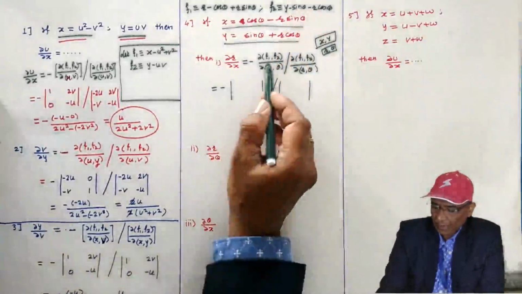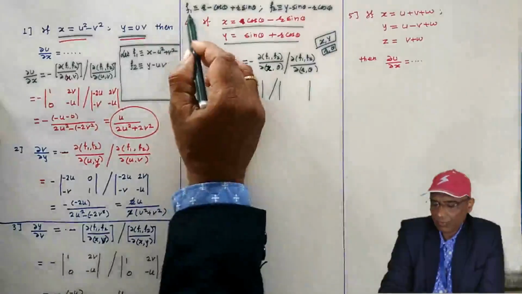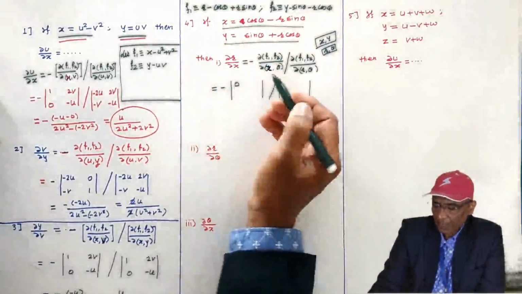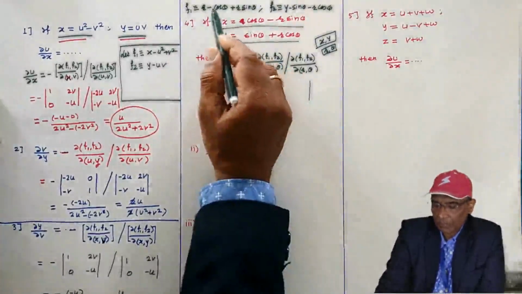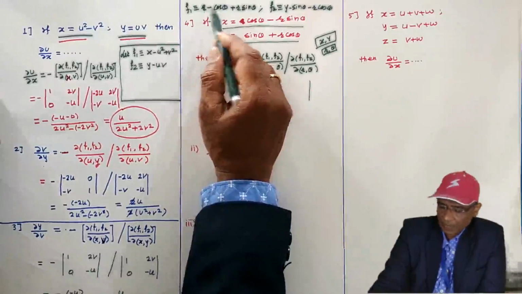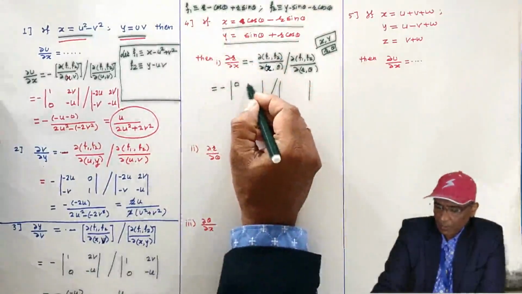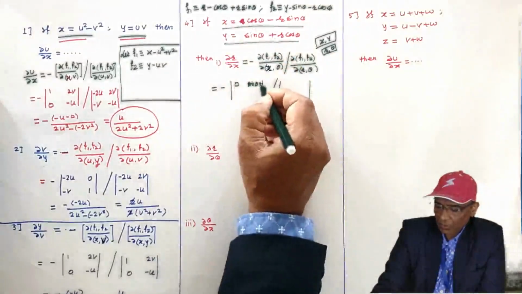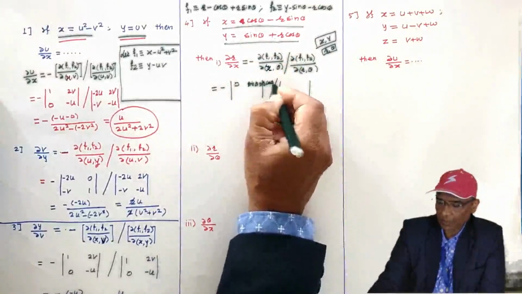Now del f1 by del x, the derivative of f1 with respect to x, x is absent, is 0. Del f1 by del theta, the derivative of f1 with respect to theta: the derivative of r with respect to theta is 0. The derivative of minus cos theta is sin theta. And the derivative of sin theta is cos theta. r is a multiplicative constant.